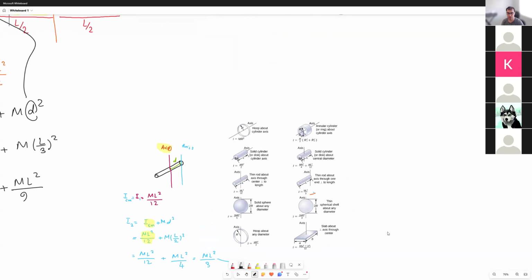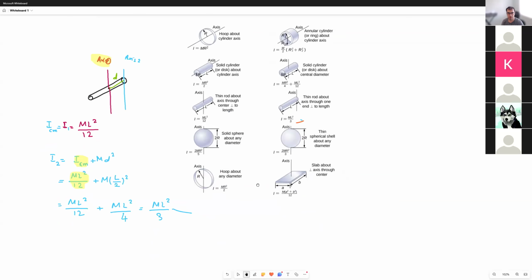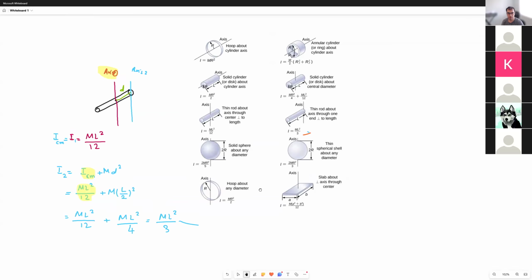No, this was an example of the parallel axis theorem. If you know this, you can get this from the parallel axis theorem. That's what I was talking about in blue here.